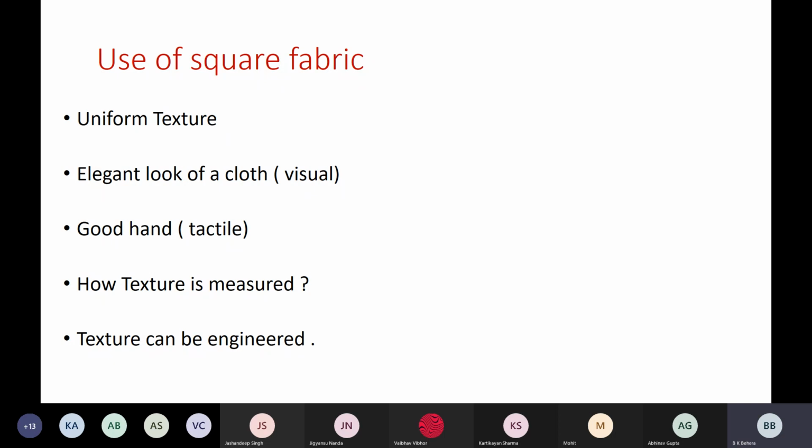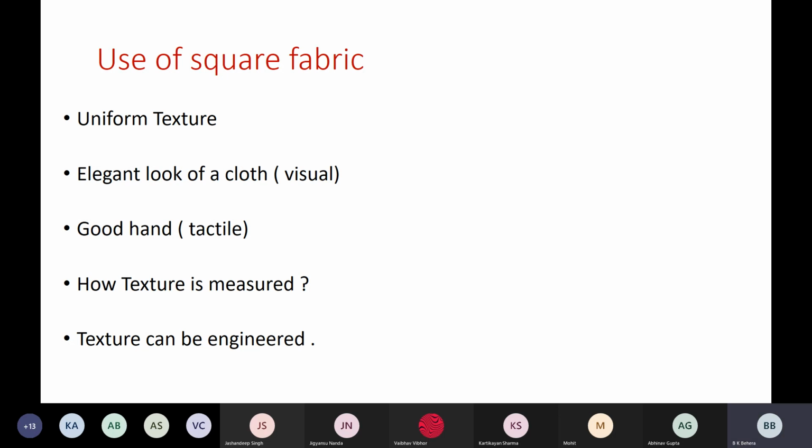Texture is casually used by textile people to mean something relating to aesthetics, appearance. No doubt texture relates to appearance and aesthetics, but most of the time appearance is a subjective term. People think of what we visualize, what we observe by our eye. Eye is one of the sense organs.